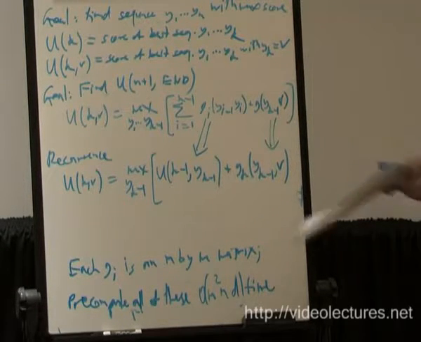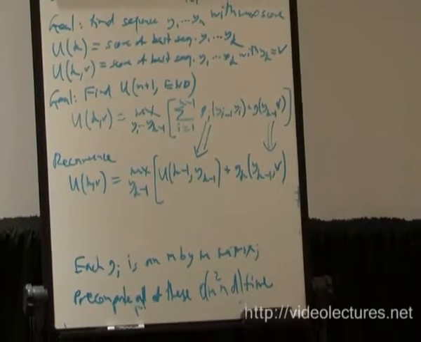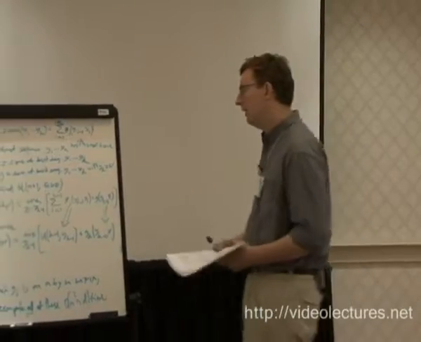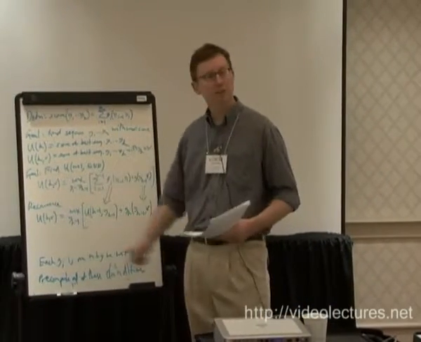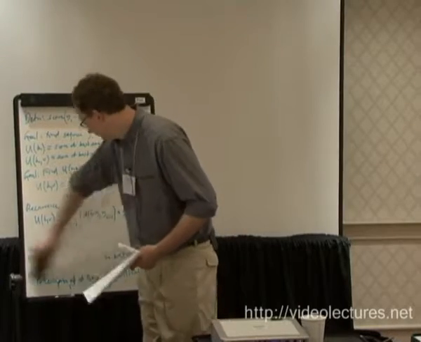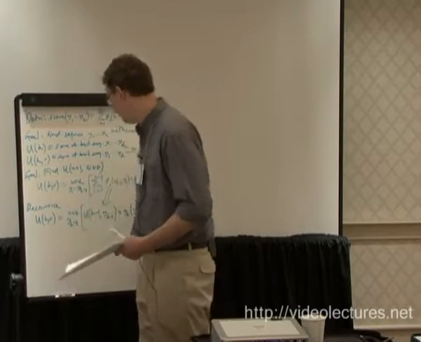And then, what's the advantage of the recursive equation? It's more complicated than the non-recursive equation, so what's the advantage? Yeah, this is a dynamic programming equation. Now I can actually evaluate this in a loop.